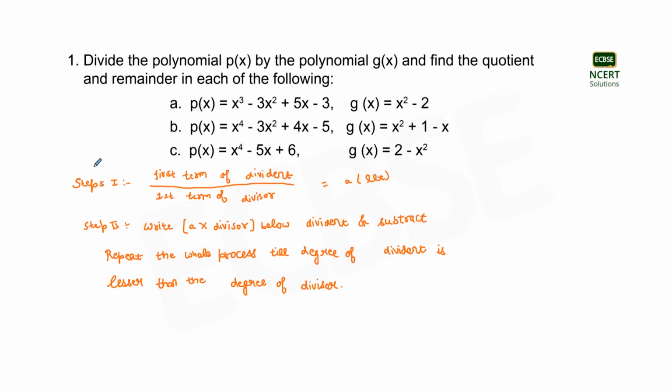Before doing this question, let us understand the concepts, or we can say the steps, which we need to follow while finding the quotient and the remainder of the polynomials p(x) and g(x). The first step is to divide the first term of the dividend by the first term of the divisor.